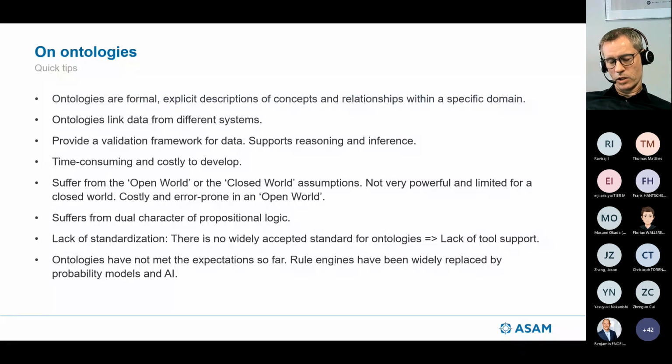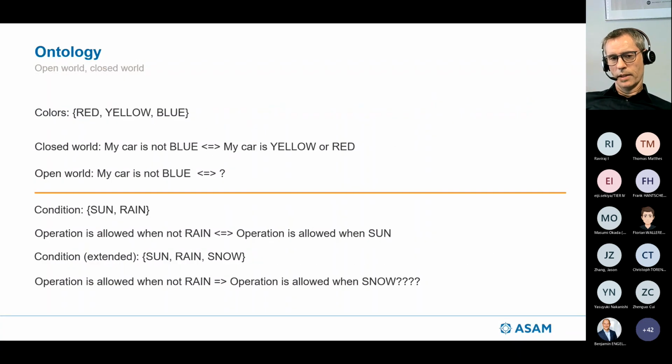But I just want to show you what I mean with the open world and closed world assumption, which we often run into with ontologies. Think of a system that has three colors: red, yellow, and blue. In a closed world, it's pretty clear that there is no other color.